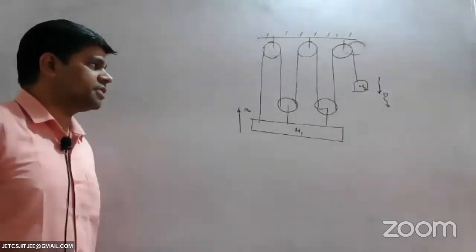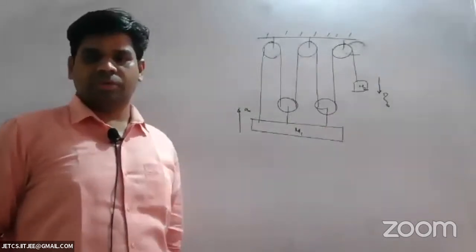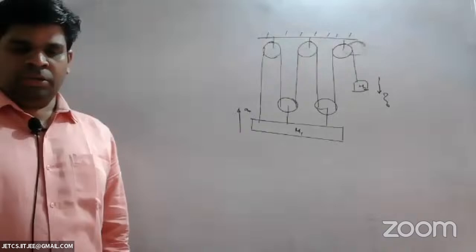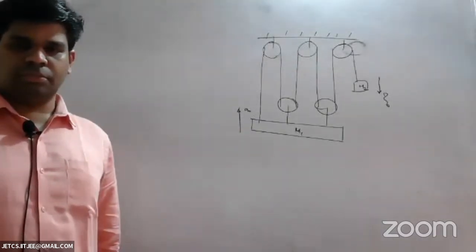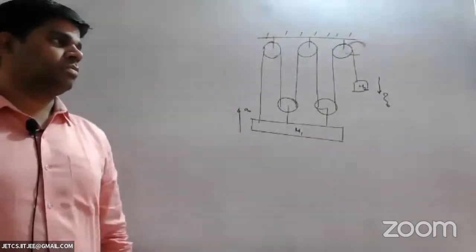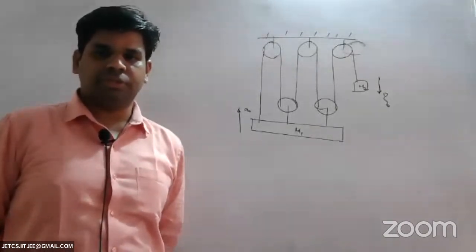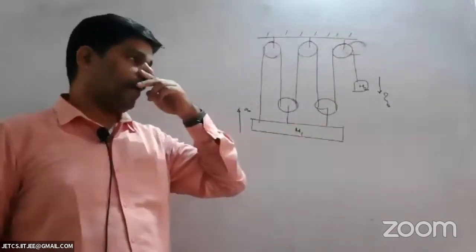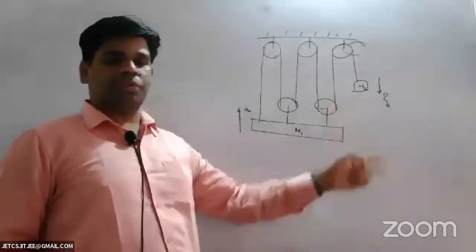All right. So what's the constraint relation? If this is A naught, what is the acceleration of this M2? Think, students. If M1 has an acceleration A naught upwards, what is the acceleration of the block M2?